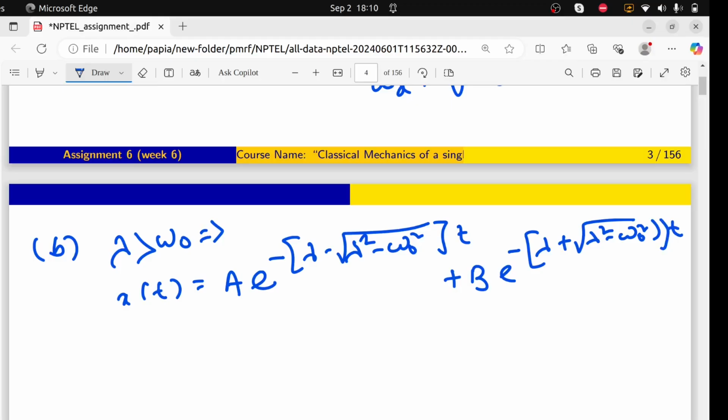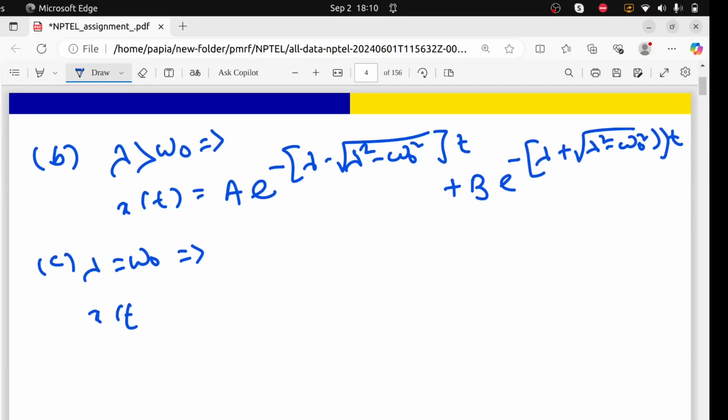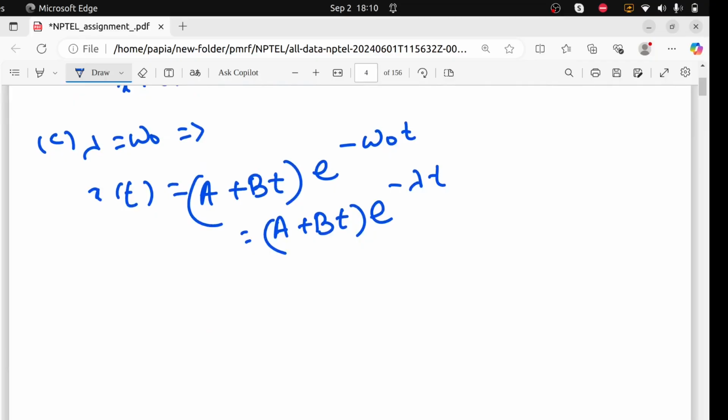For the condition lambda equals omega 0, the solution is x of t equals (a plus b t) e to the power of minus omega 0 t, or equivalently (a plus b t) e to the power of minus lambda t, because lambda and omega 0 are equal.